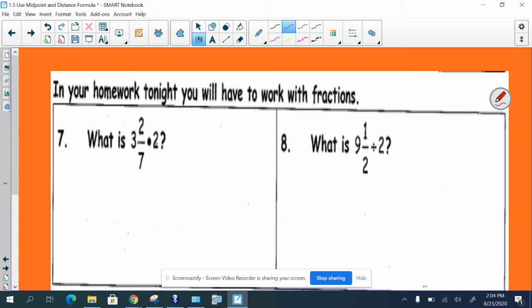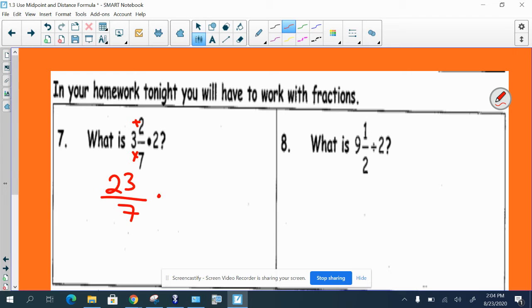Let's see. This is just a reminder of how to work with fractions. So if you have a mixed number multiplied by a whole number, you're going to want to change the mixed number to an improper fraction. So do 7 times 3 plus 2. So 21 plus 2 is 23 sevenths.